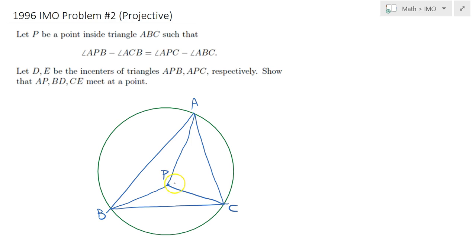To begin with, I will extend the line BP to meet the circumcircle at the point K, and I will also extend the line CP to meet the circumcircle at the point L, and I will also extend the line AP to meet the circumcircle here at the point M, and my claim is that MK is equal to ML.